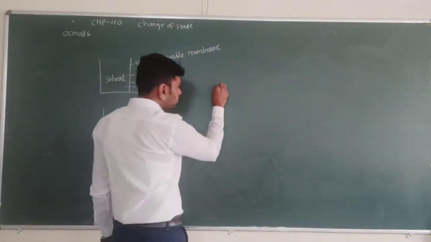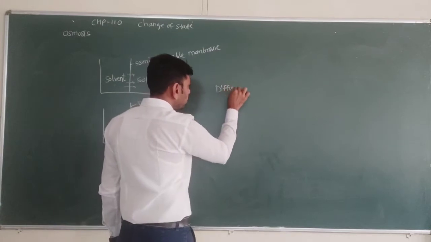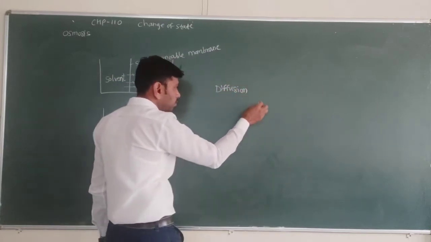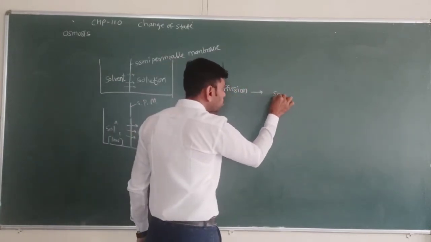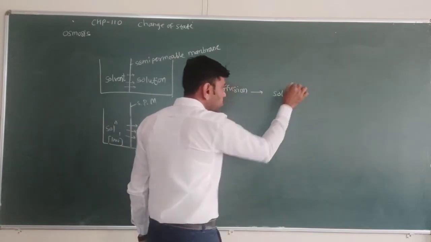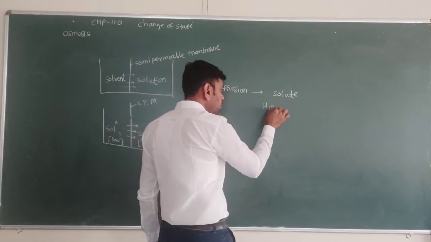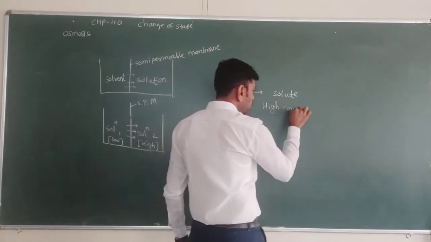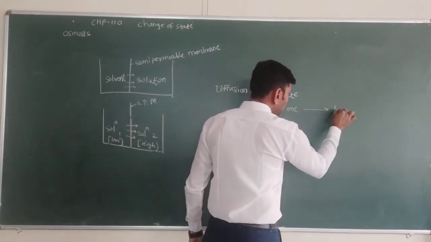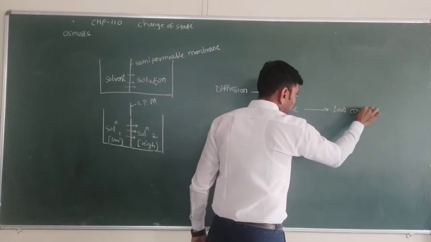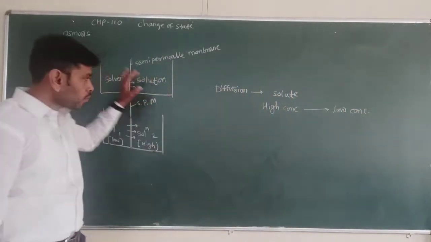See diffusion. What is diffusion? It is the movement of solute molecules from the solution of higher concentration towards the solution of lower concentration. This is the opposite of osmosis.